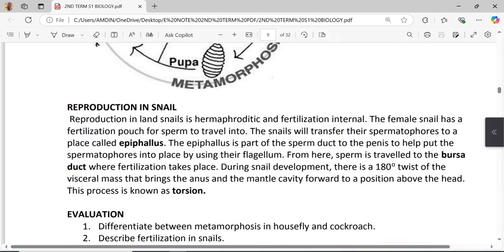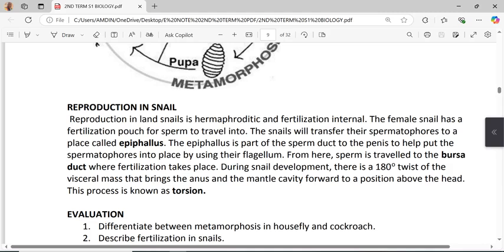Reproduction in snail. Reproduction in land snail is hermaphroditic and fertilization is internal. We mentioned the word hermaphrodite when we were discussing reproduction in earthworm. That is an organism that contains both male and female reproductive organs. The female snail has a fertilization pouch for sperm to travel into.